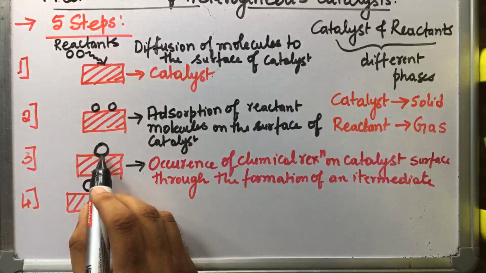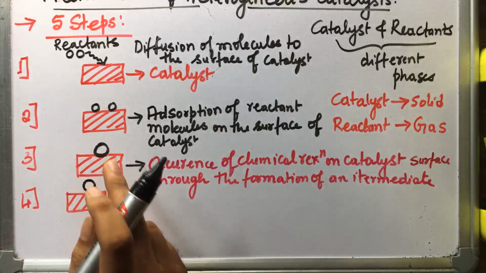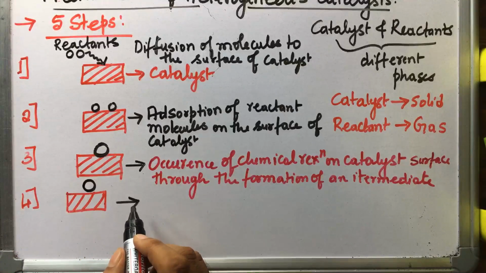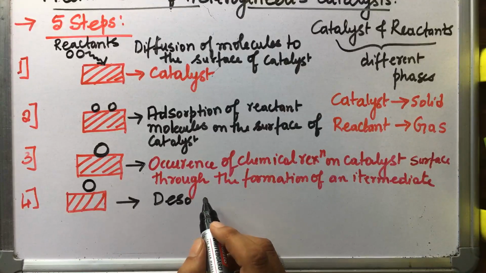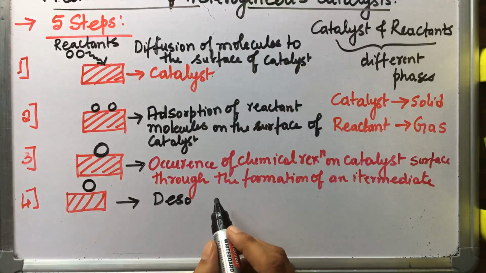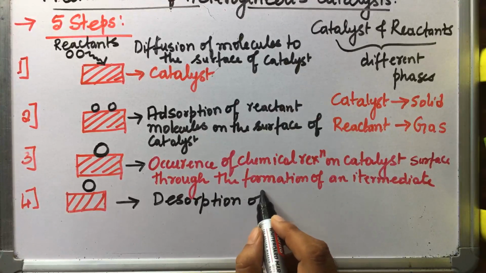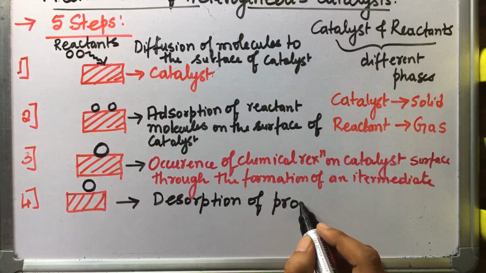See here it is touching the surface of the catalyst, and it has to move away to give scope for further reactions. So step number 4 will be disruption. Disruption means dislodging of the product from the surface of the catalyst. Disruption of products.